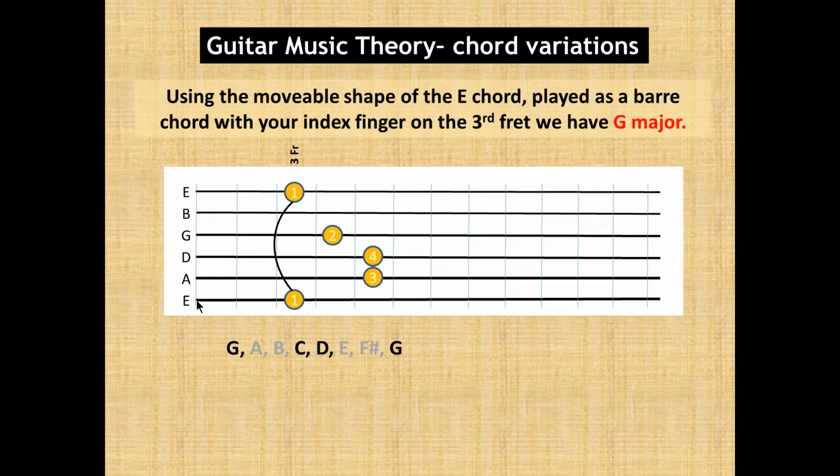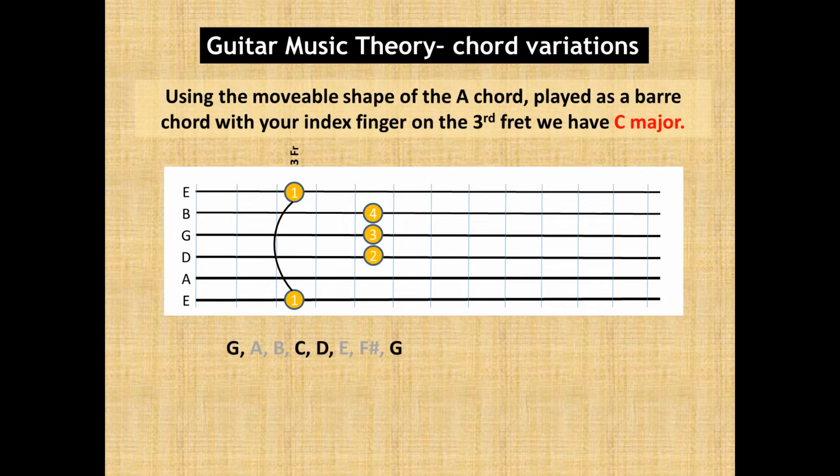And so while this form played in the open position is an E, once you move it up, it goes from an E to an F to a G. So this is a G major chord using the E form barred at the 3rd fret.